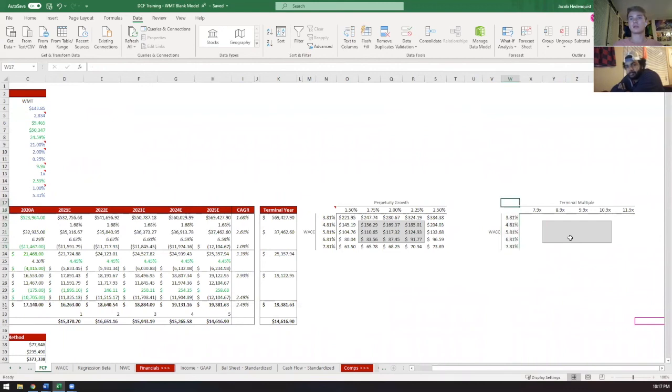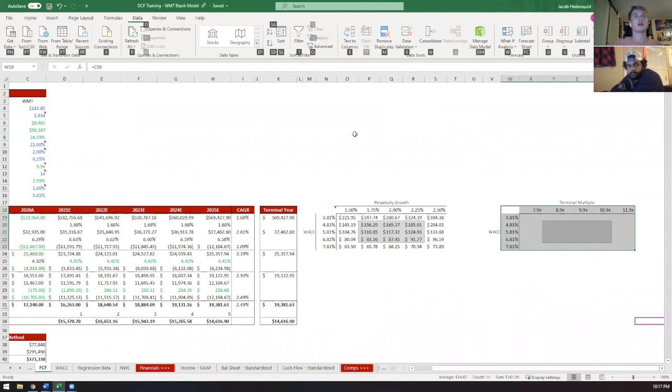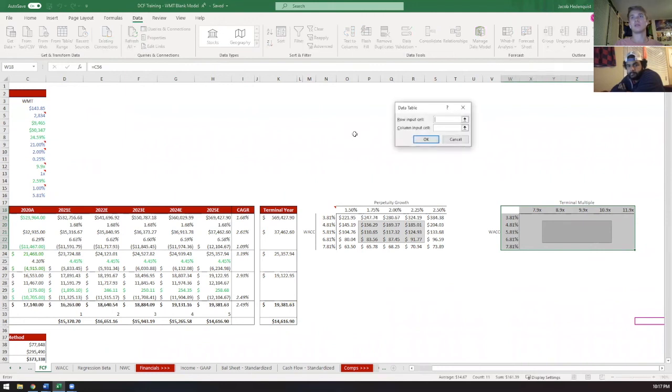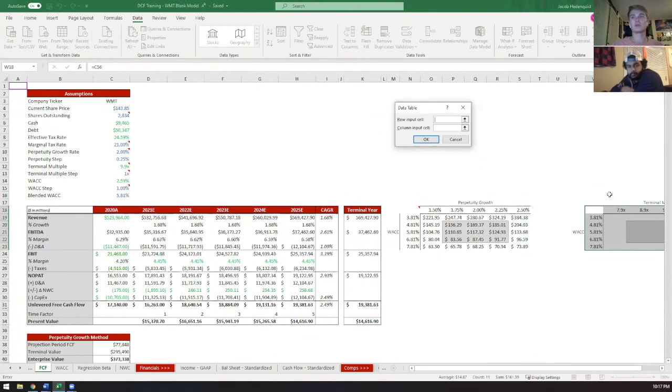Now I'm going to do the same thing as I did before. Another shortcut to highlight this whole thing quickly: Control Shift Down highlights down, and then I just hit right while holding Control Shift all at the same time. And now I'm good. In order to get to data, I can do Alt A, W for What-If Analysis, T for Data Table, and then our row input we're going to have to do with our mouse.